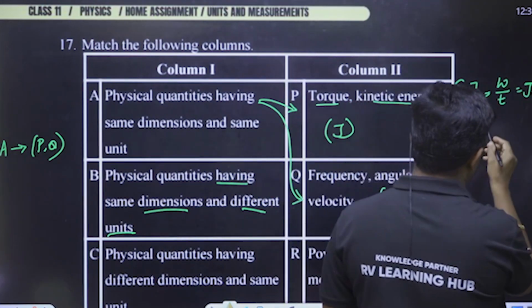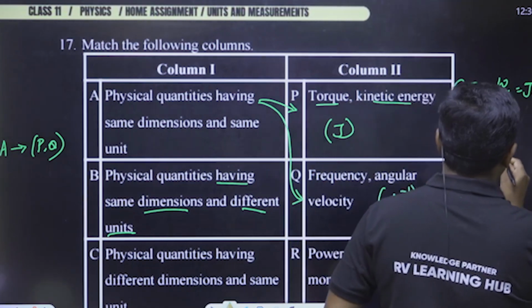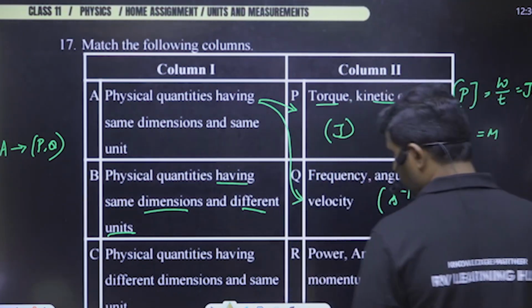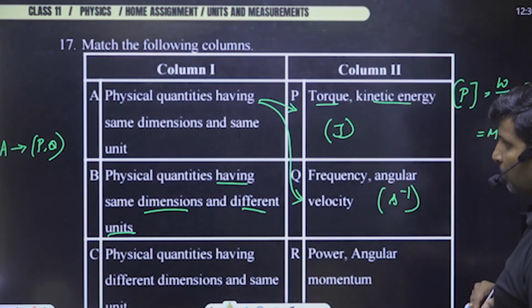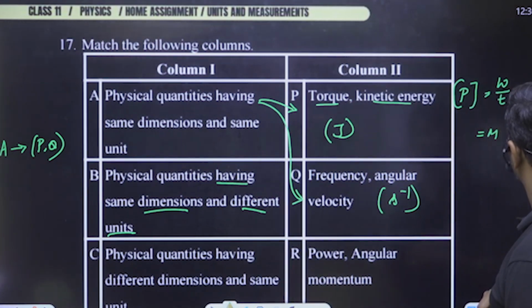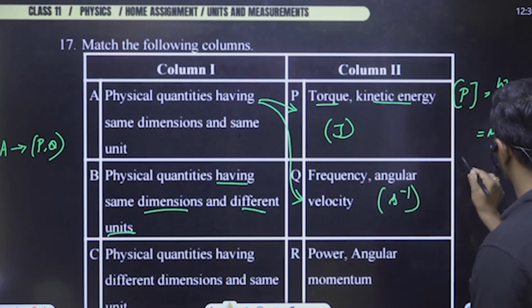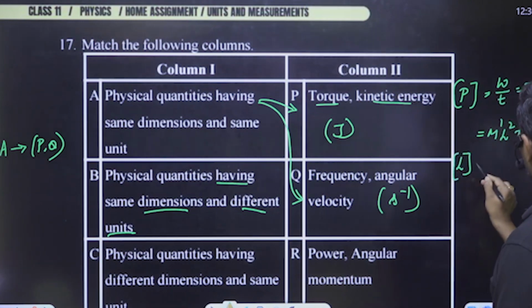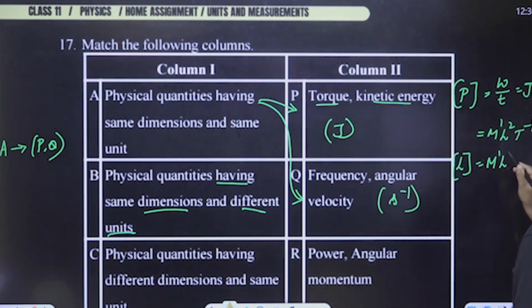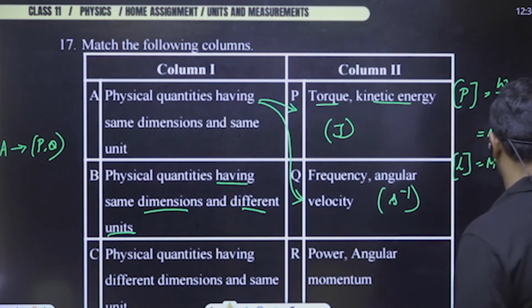So whenever we think about this, we will get M to the power of, having same dimensions, they are saying. So we can say M power 1, L power 2, T power minus 2 into T power minus 1. Angular momentum, let us see, we can say M power 1, L power 2, T power minus 2 into T power 1.